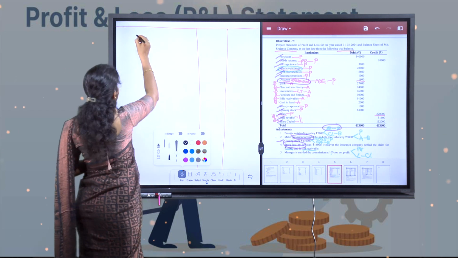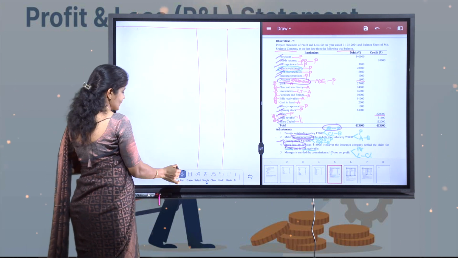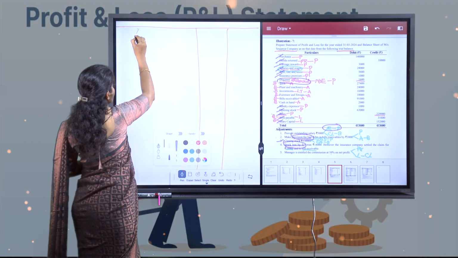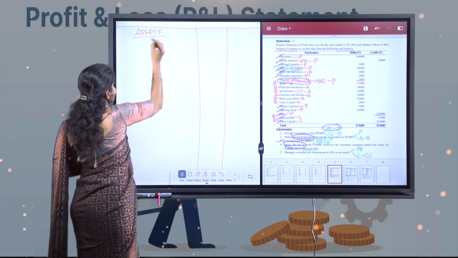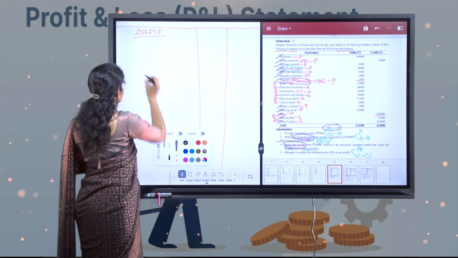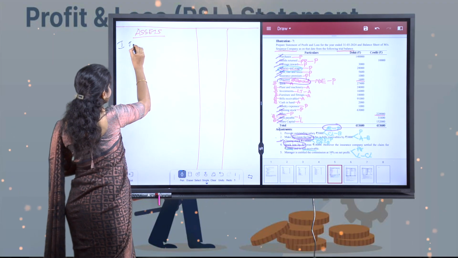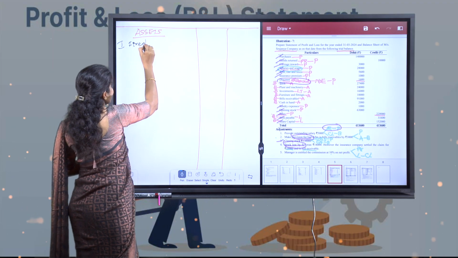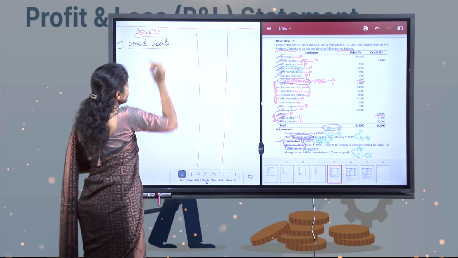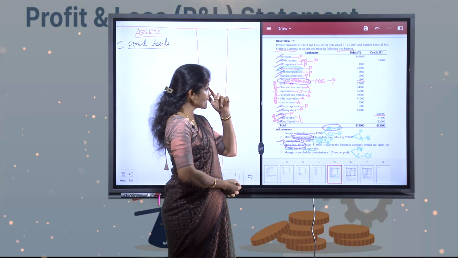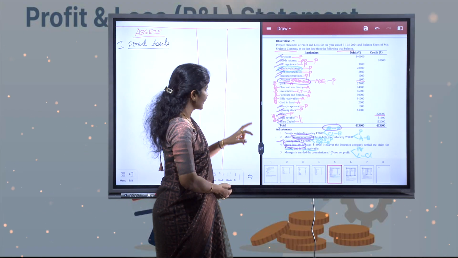Okay, so let us take this as assets. Under assets, the first heading is fixed asset. Under fixed assets, let us see what information we will get.